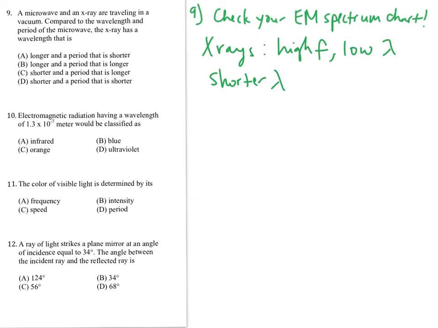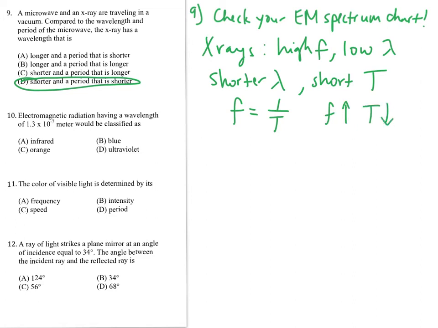It's going to have a short period. If you think about this, F is equal to 1 over T. They have an inverse relationship. If F goes up, T goes down. So if it has a high F, it's going to have a low period. Short wavelength, short period.